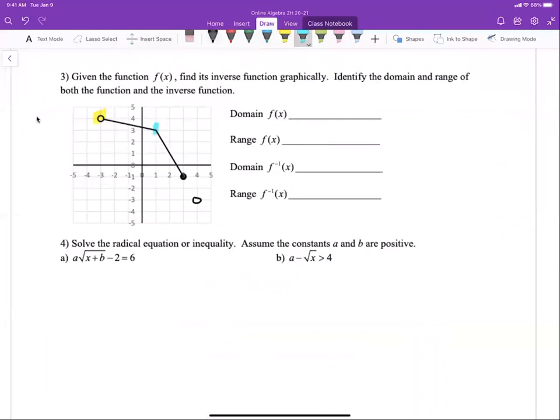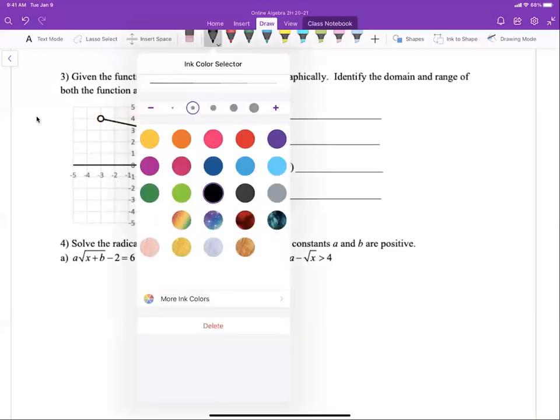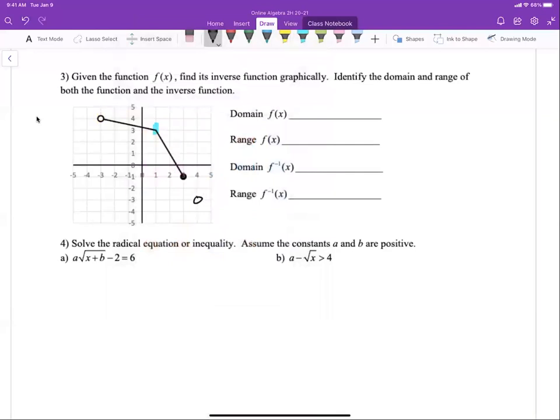Then I'm going to look at this endpoint right there that's in blue. That is at (1, 3). So I need to go to (3, 1). And I will place that point there, and then I'll draw that line segment, and I'm moving on to the next point.